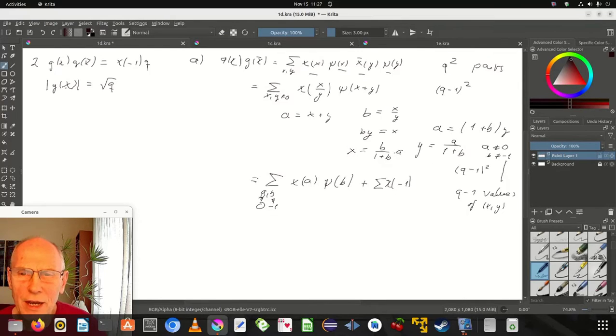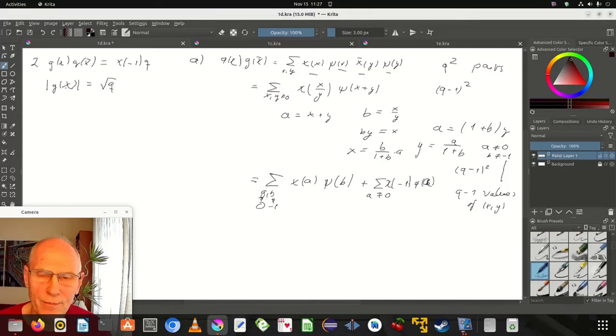That could be everything except naught. Oh, that's psi of a distinct from naught. So this gives q minus 1 possibilities.